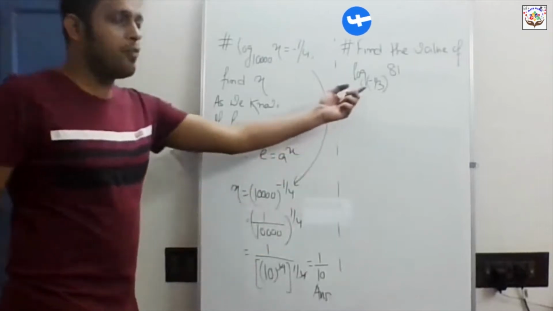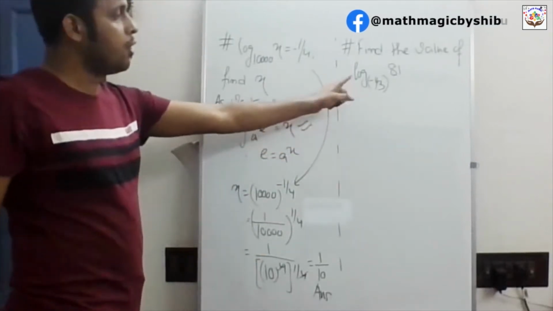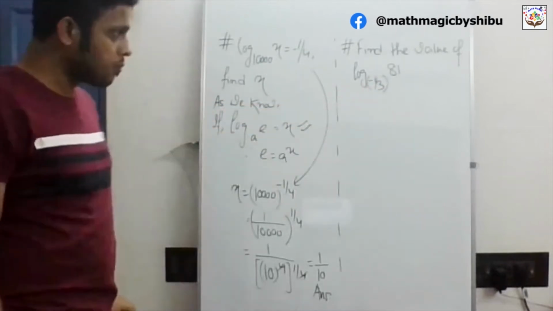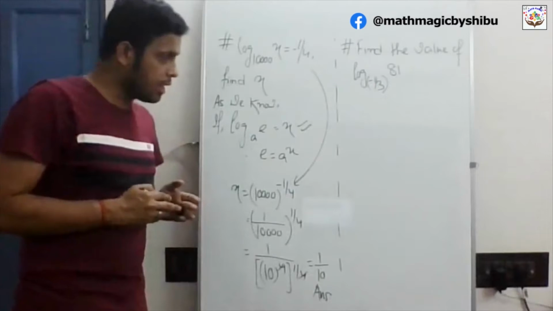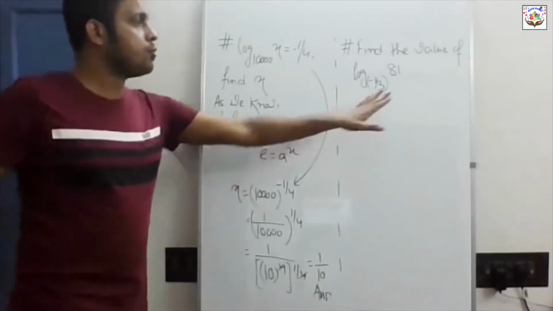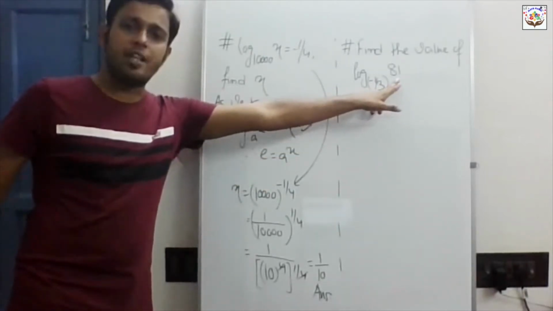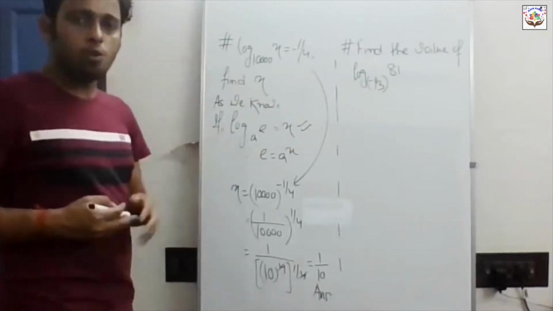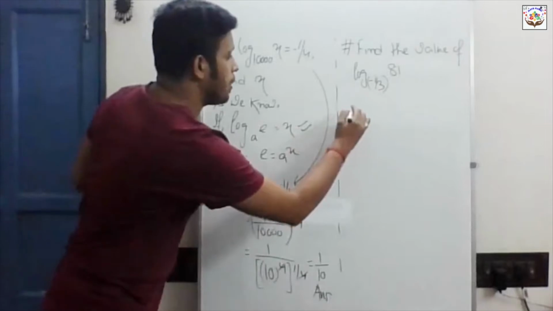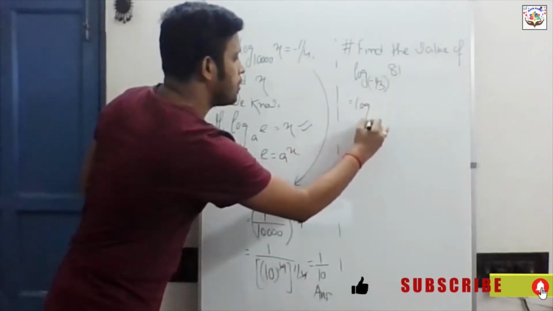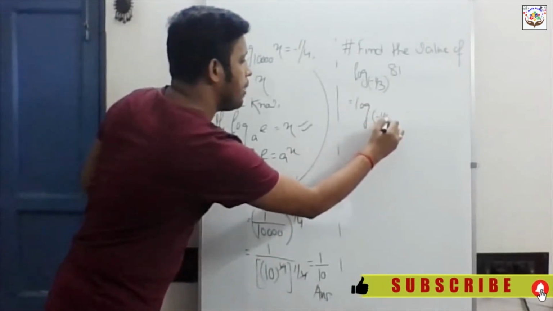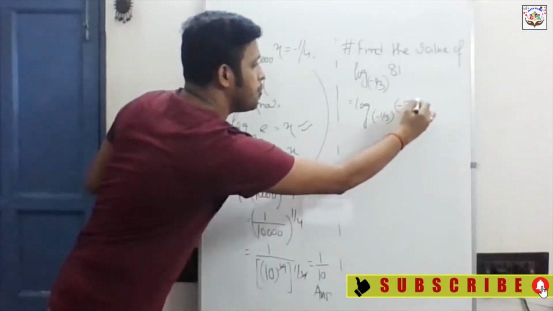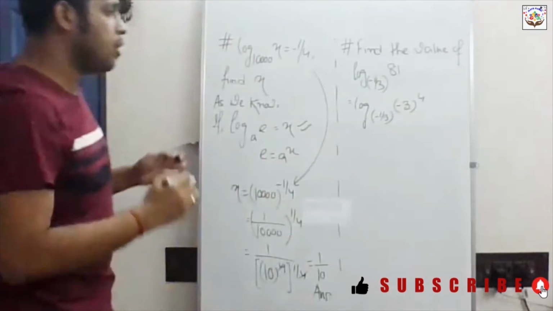Now let's jump up to this question. We need to find the value of log in the base minus 1 by 3 of 81. As you can understand, we should convert this 81 in terms of either 3 or minus 1 by 3. Let's try to do that. Can I write 81 as minus 3 to the power 4?